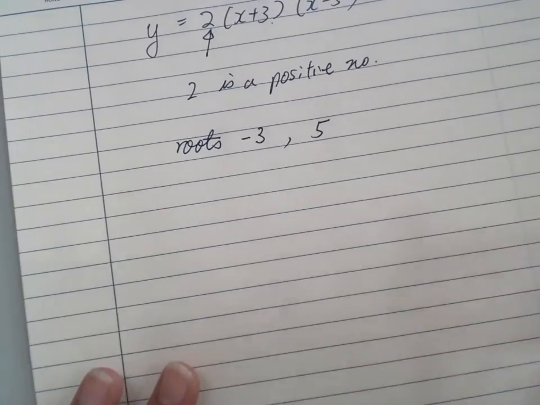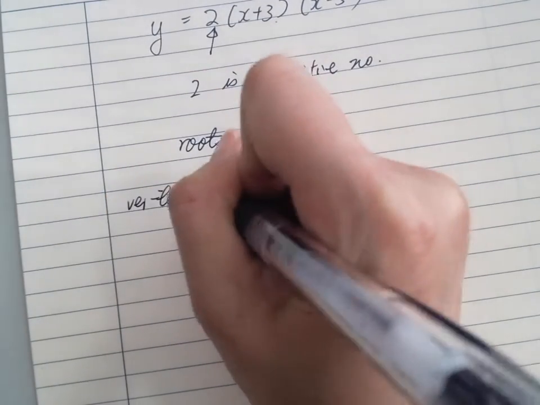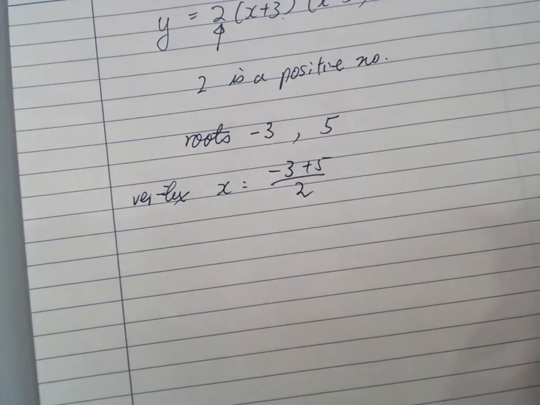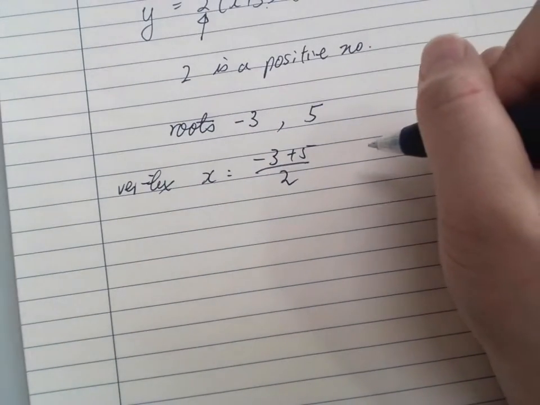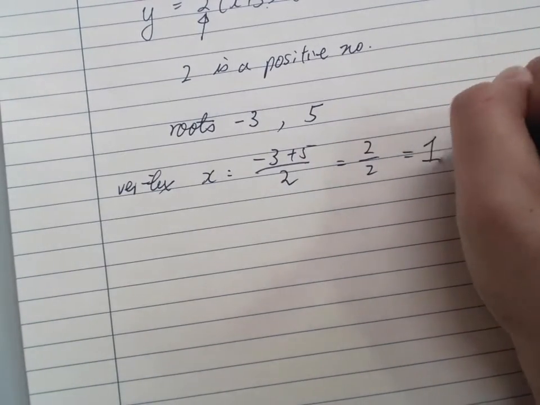Now, the x-coordinate of the vertex: negative 3 plus 5 divided by 2 because it's the midpoint of the curve. So it's 2 divided by 2 equals 1.